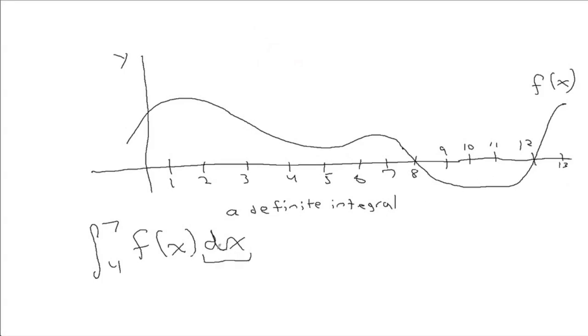Right now, you shouldn't think that we're multiplying f times d. Just like the d of x in the derivative notation, we hadn't given that any separate meaning. We should just interpret it as telling us the variable that we're taking the integral with respect to.